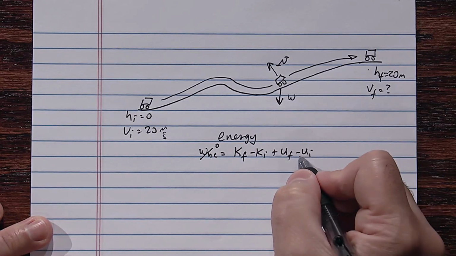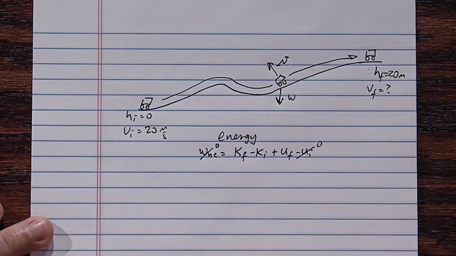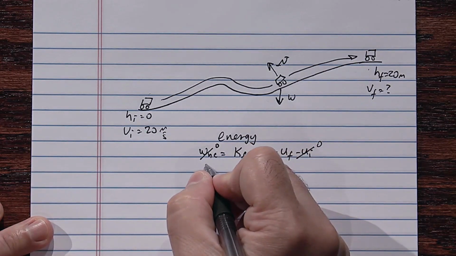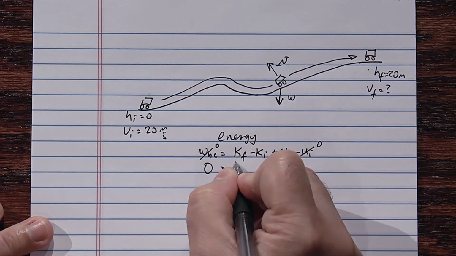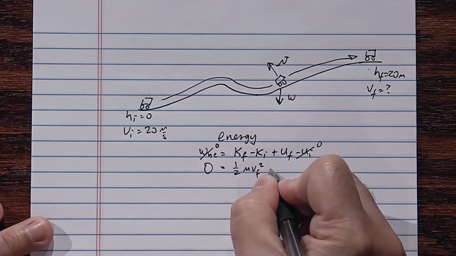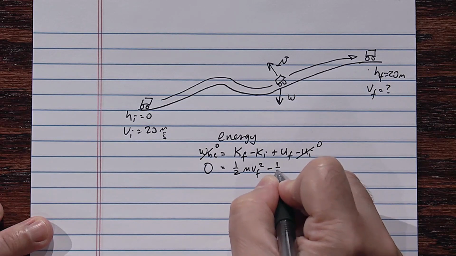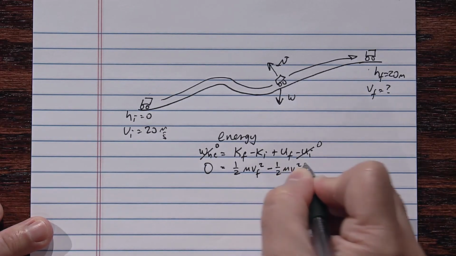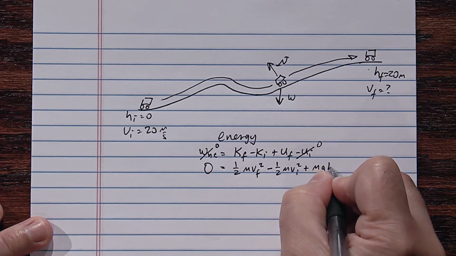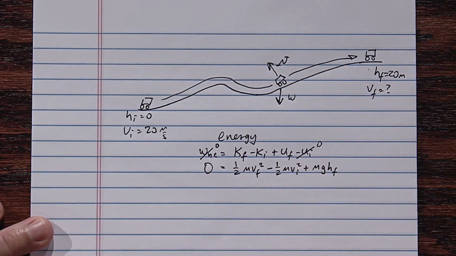The initial potential energy is 0 because we started off from 0 height. And now we'll continue on. 0 is equal to 1/2 mv final squared minus 1/2 mv initial squared plus mg height final.